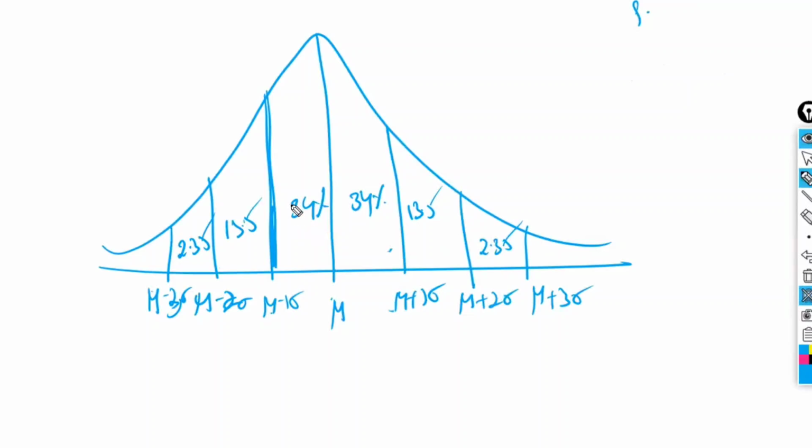Total is 84. Now, if you are considering from the starting point of this one to this one, 81.5. If you are considering from here to here only, it is 47.5, right?